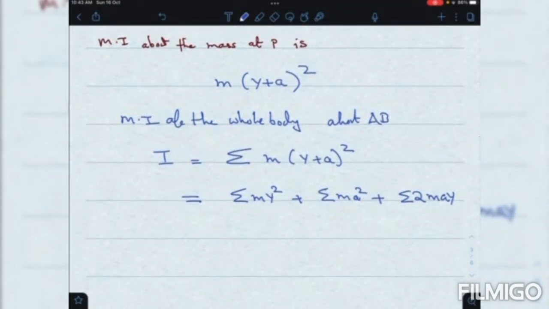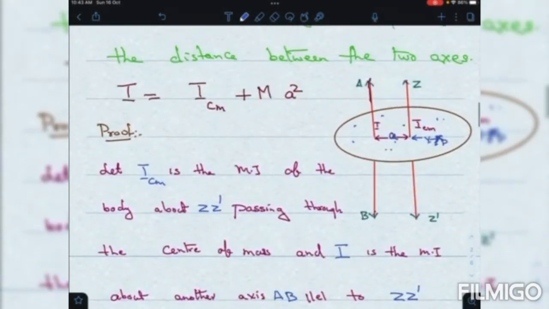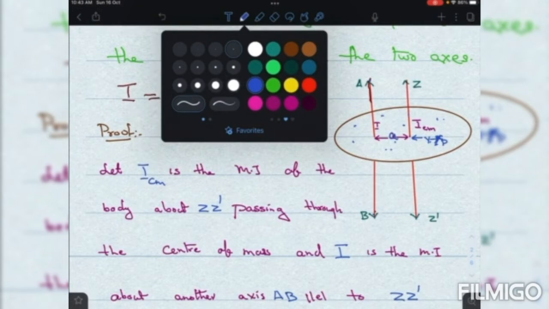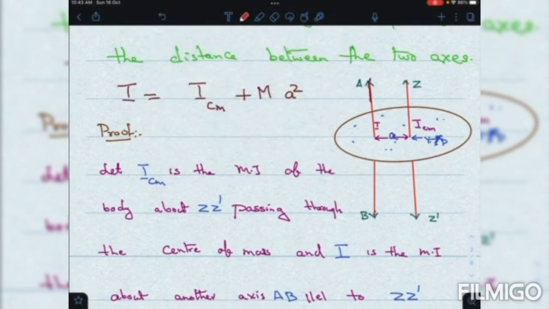And now we can see that sigma m y square, just imagine this is m y square. See, m y square means this distance here. So that is ICM.